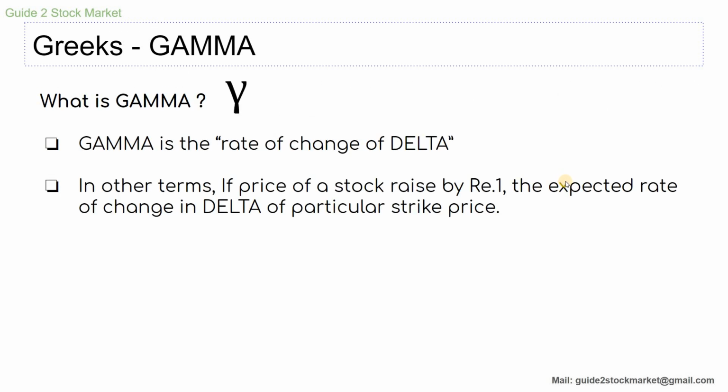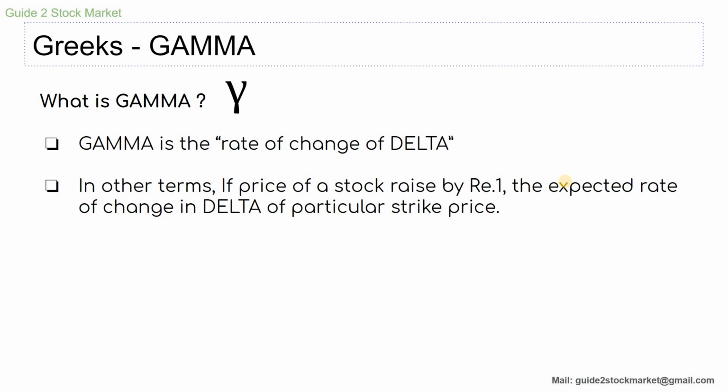It is very similar to delta. Delta is the rate of change of the option price with increase or decrease in the spot price of any index, derivative or stock. Gamma is the rate of change of delta. This value gives additional aid to the delta.